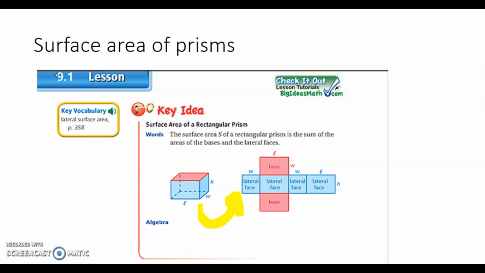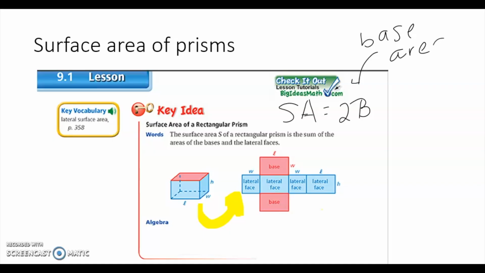Now, the first thing that we're going to notice when we're looking at our surface area is that the top and the bottom in a prism are identical, and we call those the base. So really, we could just find the area of the base, and we could multiply that by 2.